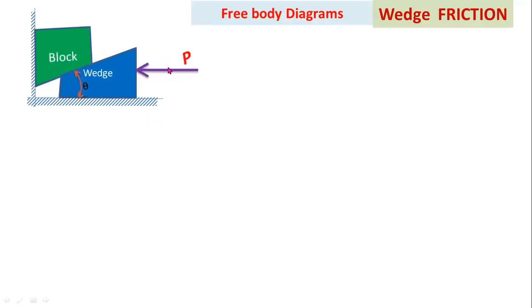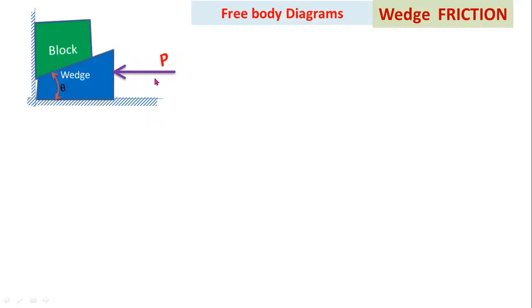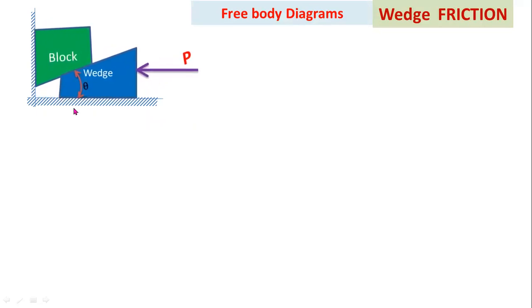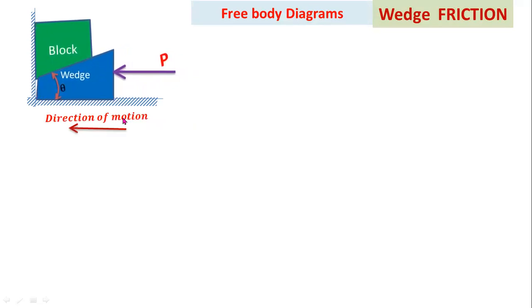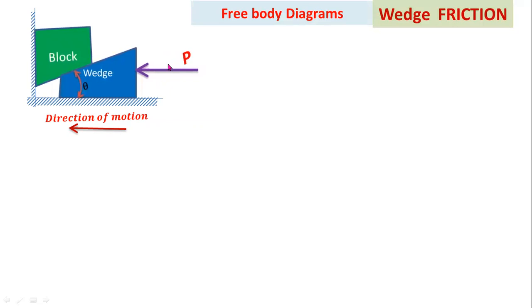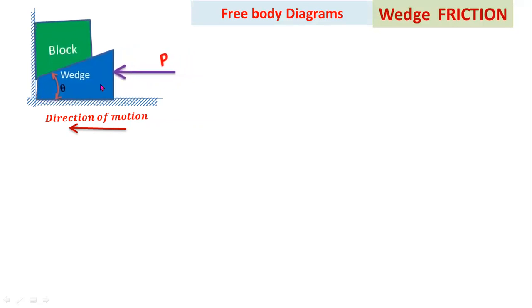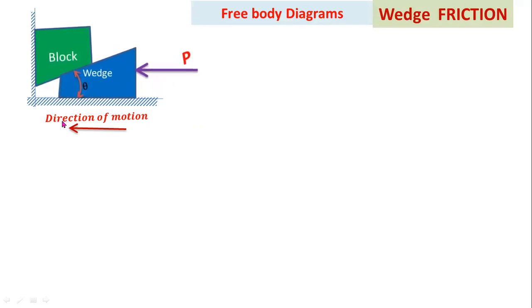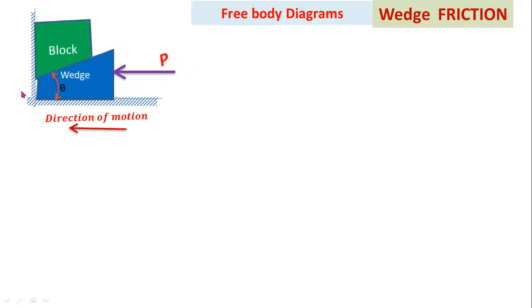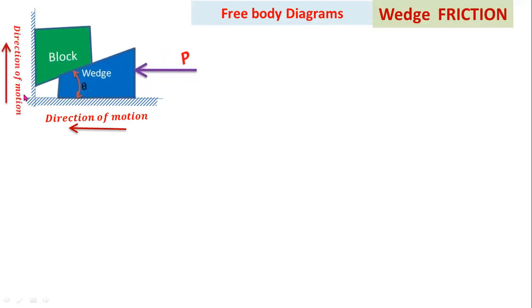P is the horizontal pushing force, and this is the direction of motion of the wedge. When you apply the pushing load, this wedge will move in the left side direction, and this block will move in the upward direction.